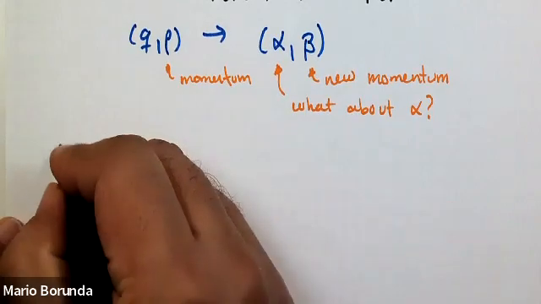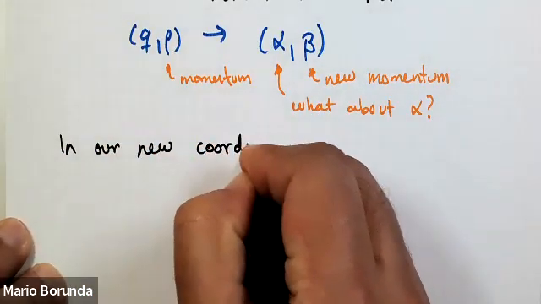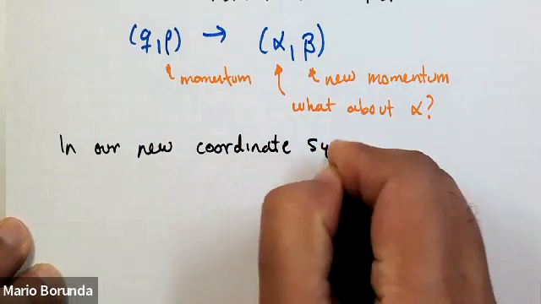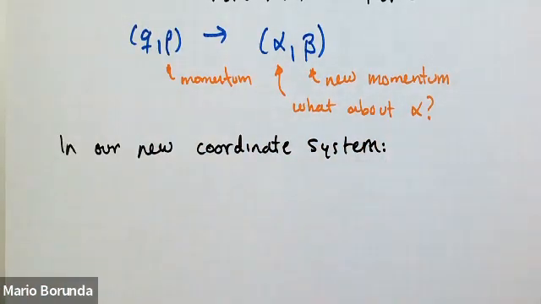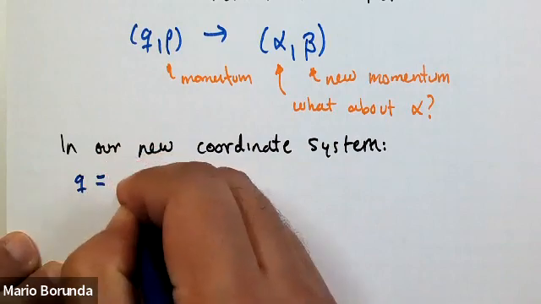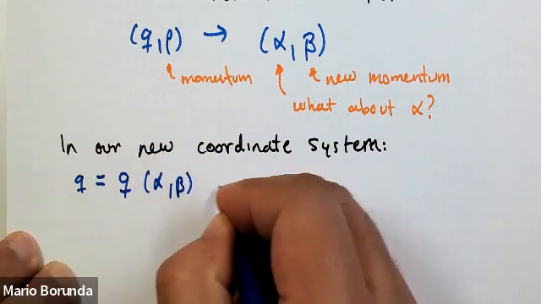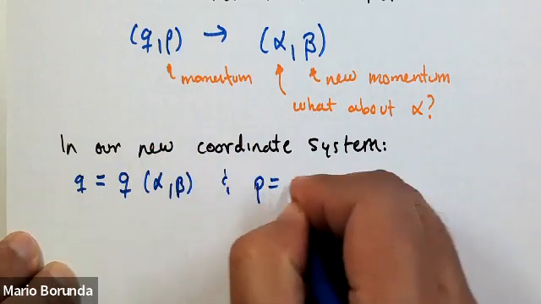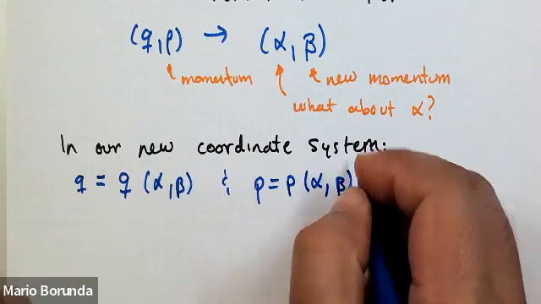So this has to be true. Q is now a function of alpha and beta. P is now in the new coordinate system also a function of alpha and beta.